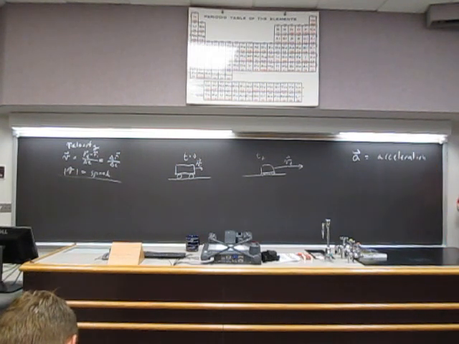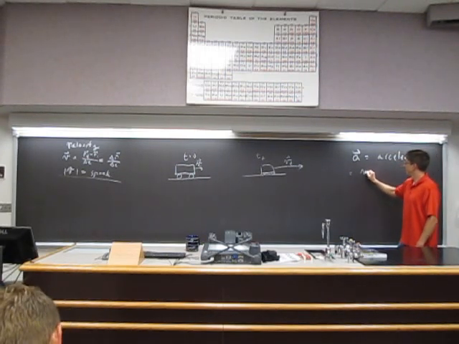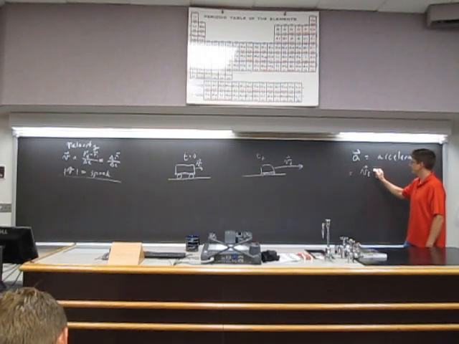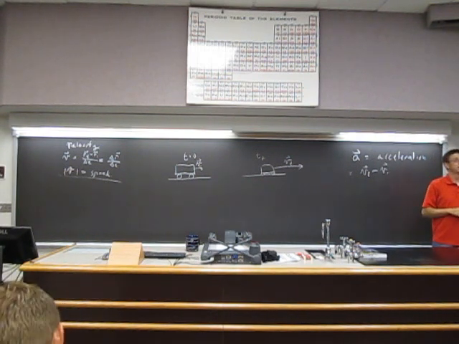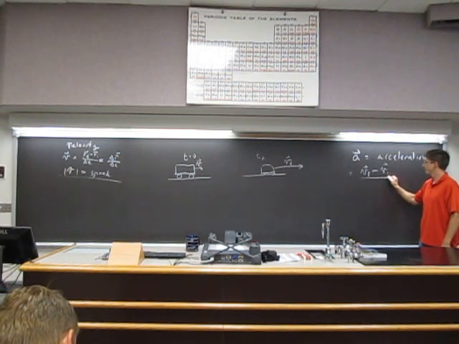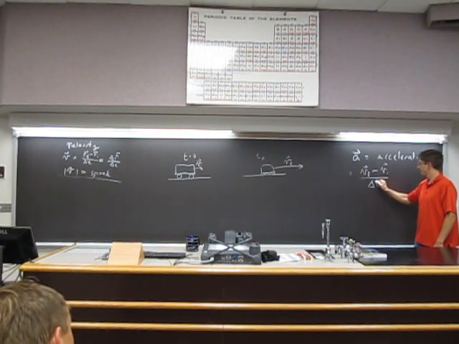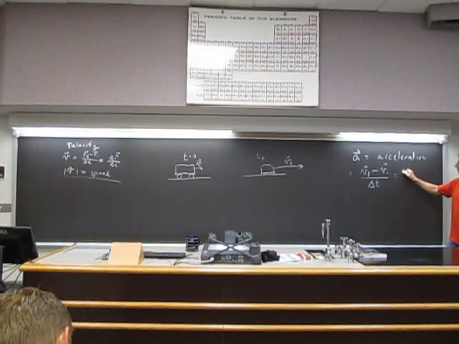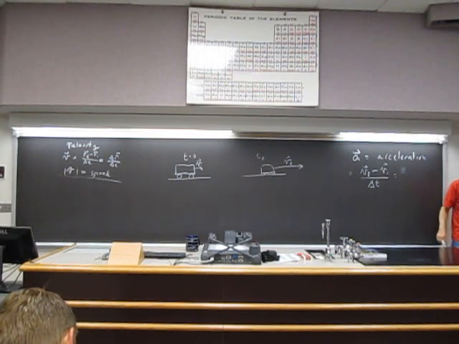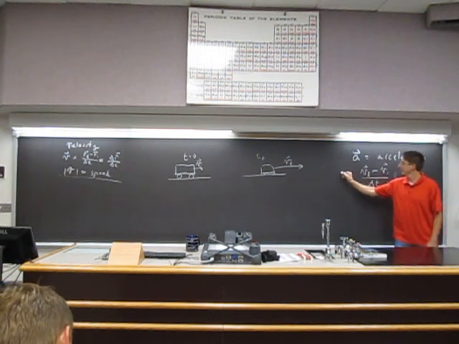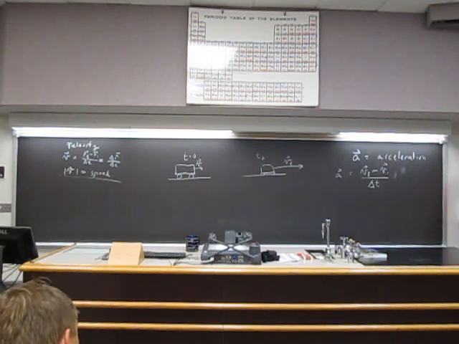That's a vector that's equal to the final velocity minus the initial velocity of an object, divided by the time it took to go from initial to final. Or maybe I'll leave that as a delta t, the change in time it took. And this is a definition. This will be our working definition for the acceleration of an object.